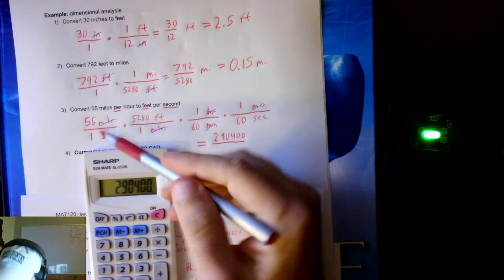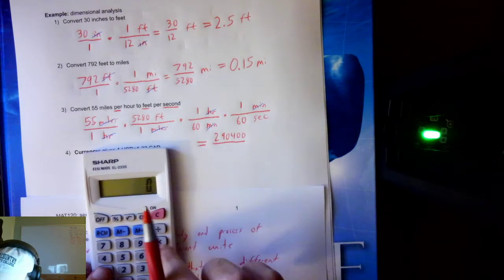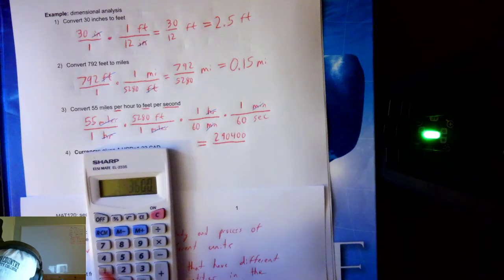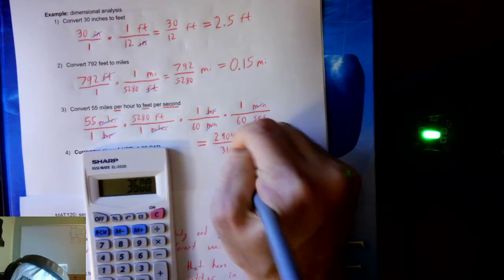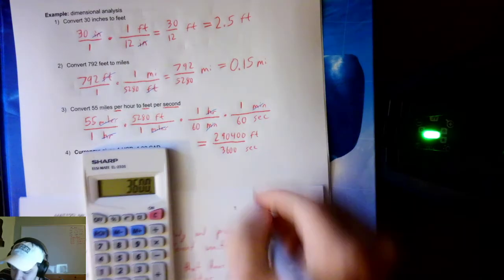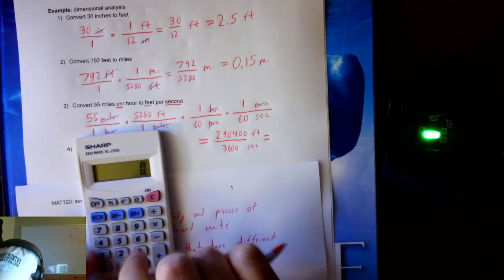Over, let's see, I get 1 times 60 times 60 in the bottom. Well, 1 times 60, so that's just 60 times 60, right? 60 times 60 gives me 3,600. And remember, this is feet over seconds. So now I am going to reduce this by dividing it.